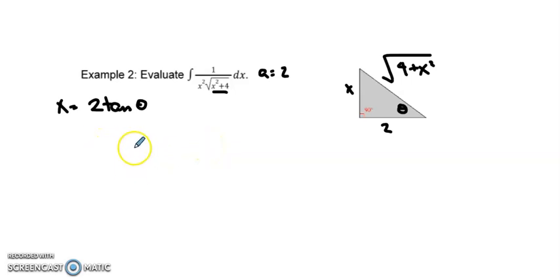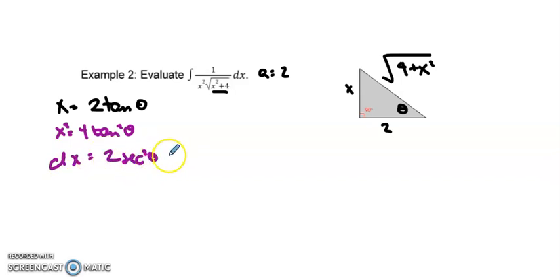So let's just do a little bit of work to get us to the point where we can sub in for everything. We know that x squared is going to be 4 tangent squared theta, and we know that dx is going to be 2 secant squared theta d theta. So when I do my substitutions, I have dx in the numerator, so 2 secant squared theta d theta.